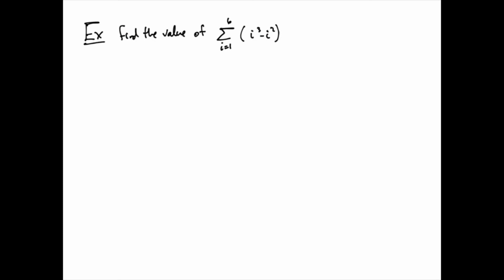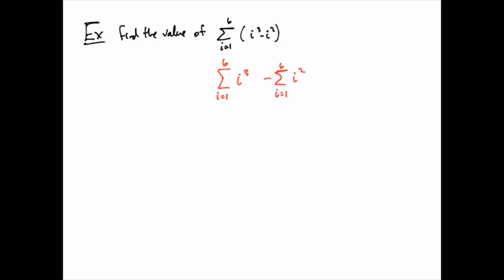Let's look at one last example. Let's find the value of sigma from 1 to 6 of i cubed minus i squared. The first thing I'm going to do is write a good sigma symbol, so i equals 1 to 6. I'm going to split this up into a difference, like this.